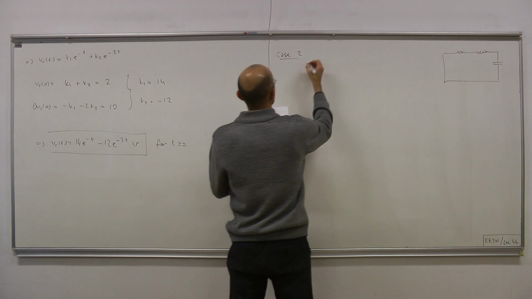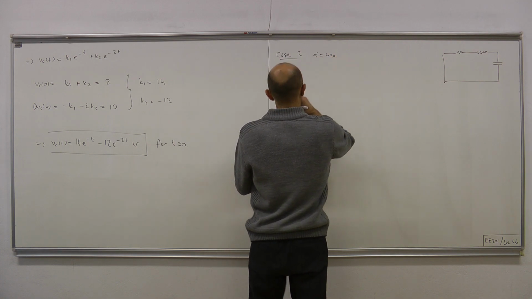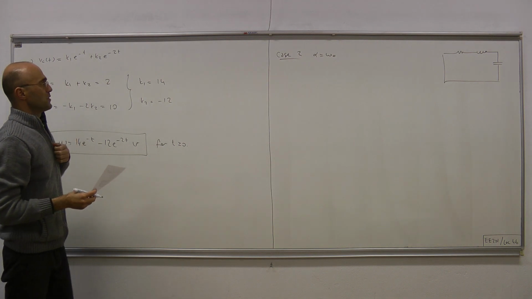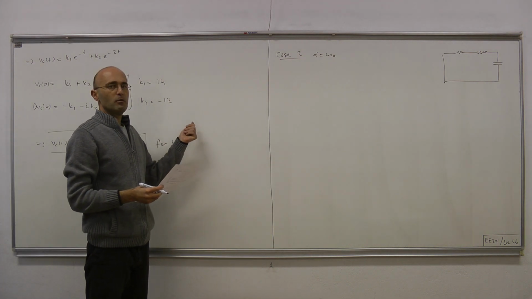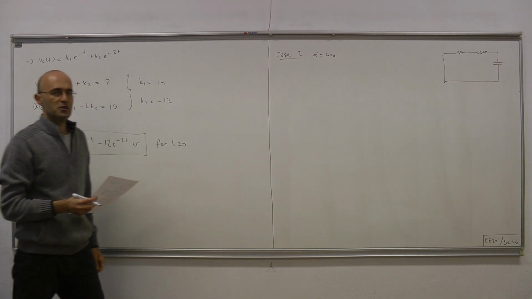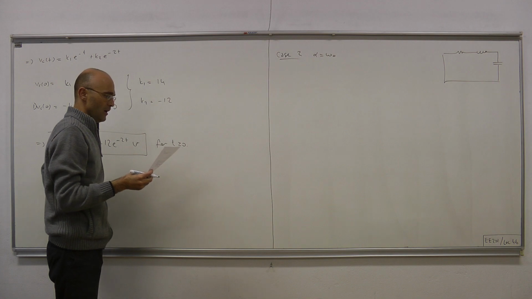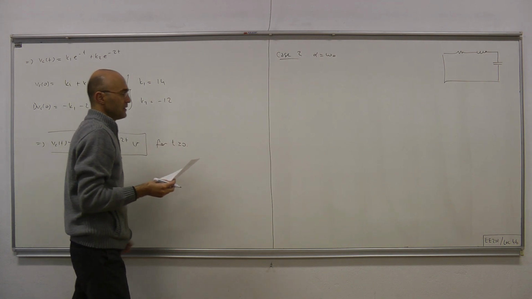Case 2, alpha equals omega 0. Remember that the characteristic polynomial was, according to our notation, s squared plus 2 alpha s plus omega 0 squared. If that alpha and that omega 0 are equal to one another, we're dealing with the critically damped case.